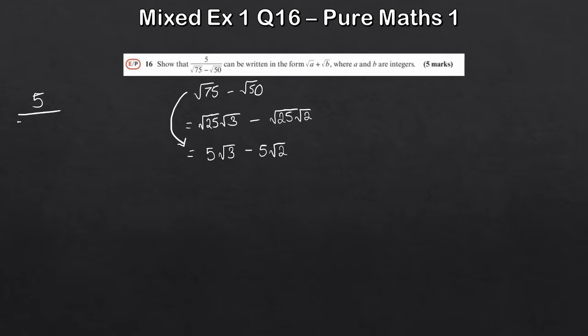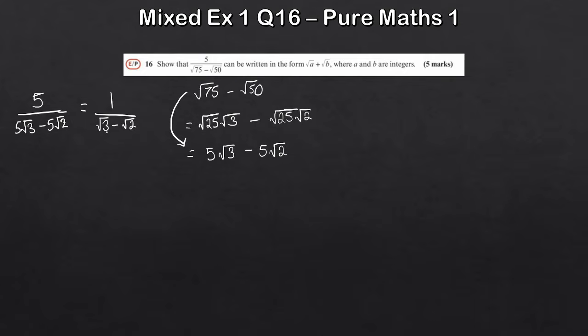So rewriting that. And then we can simplify one step further here. If you've got 5 divided by 5 root 3 minus 5 root 2, we can divide through by 5 here as well. So what this is actually going to give me is 1 over root 3 minus root 2.